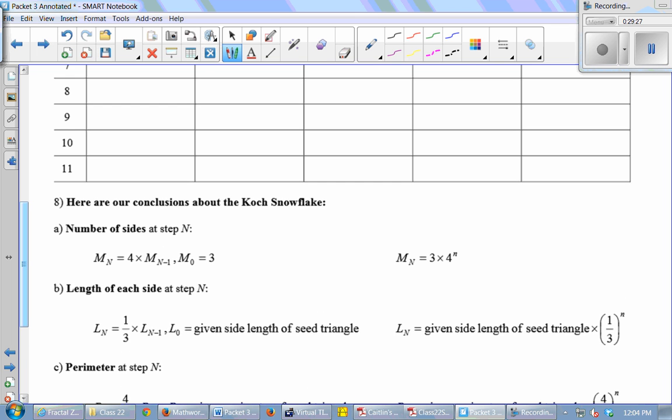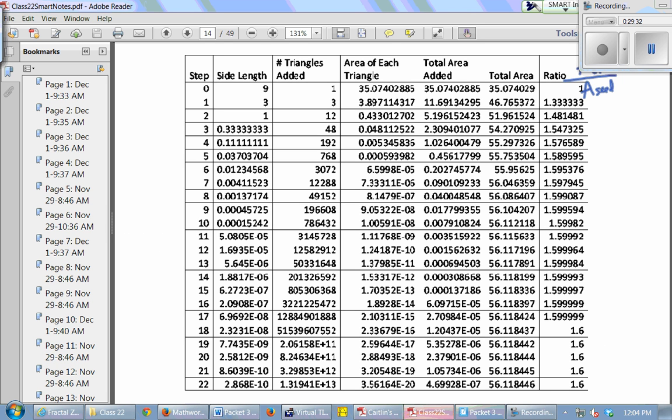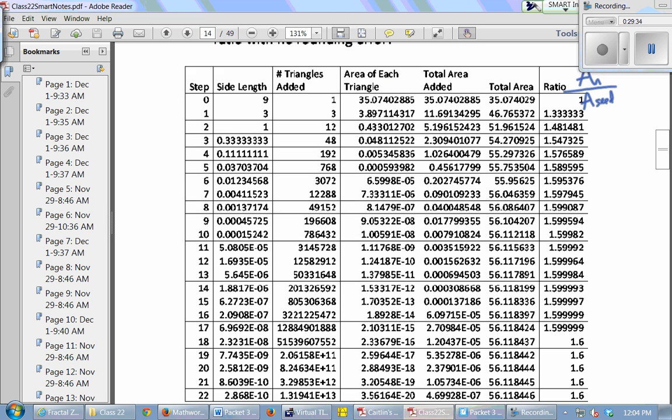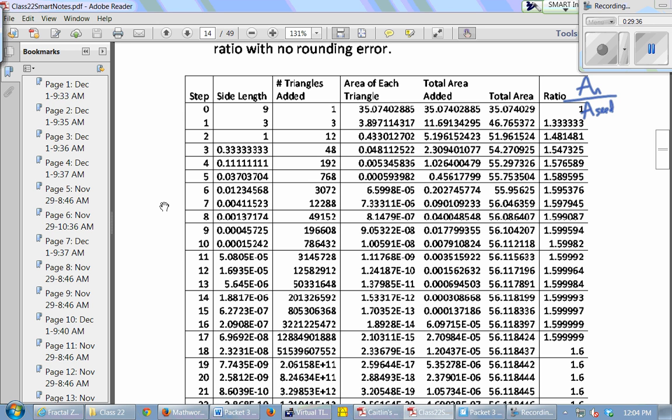Right, so let's look at that again. On the far left column here, I made an additional column where I added the ratio of the area at step n to the area of the seed, the original area.